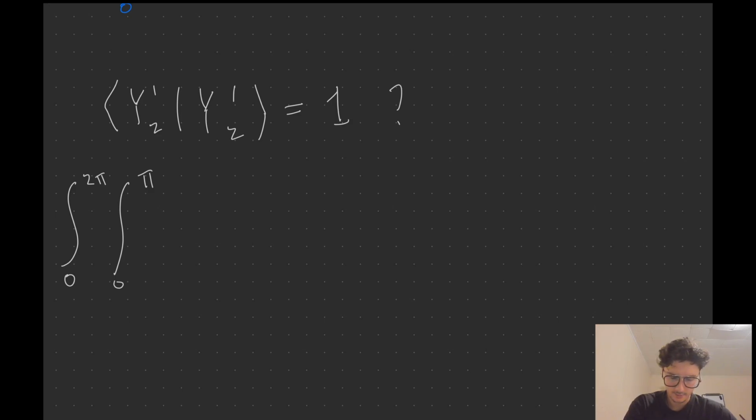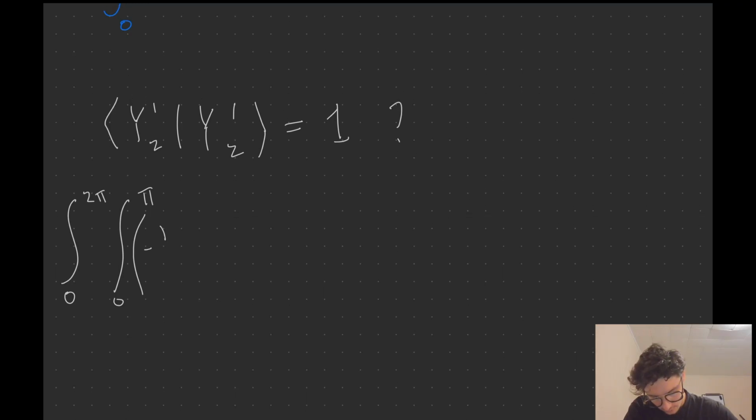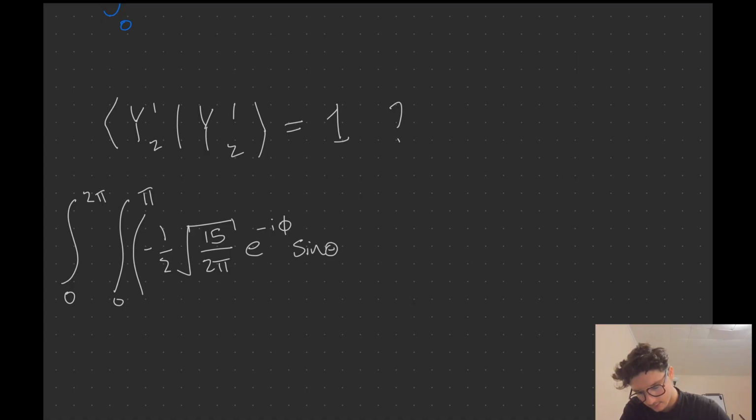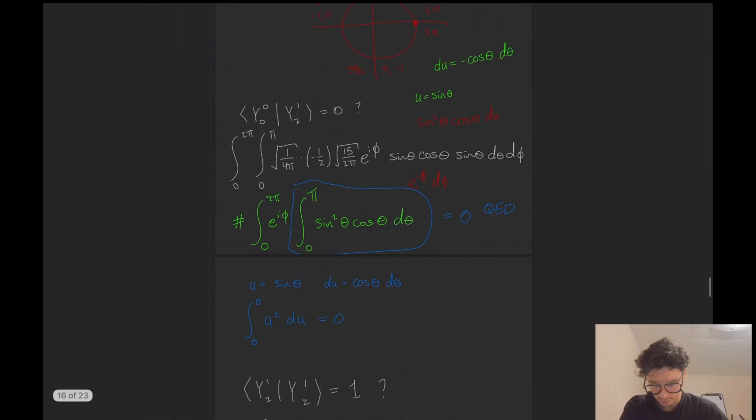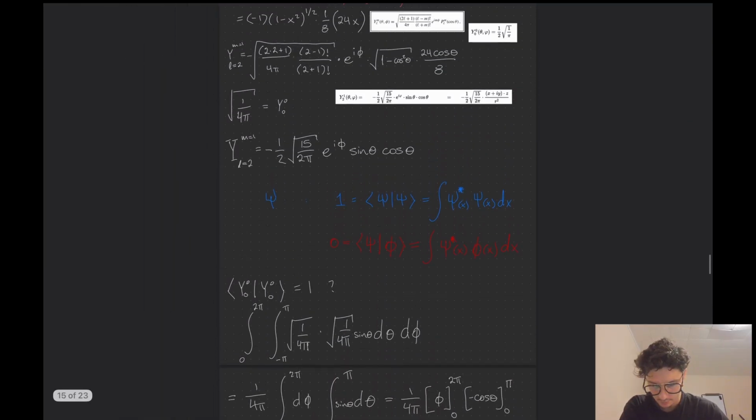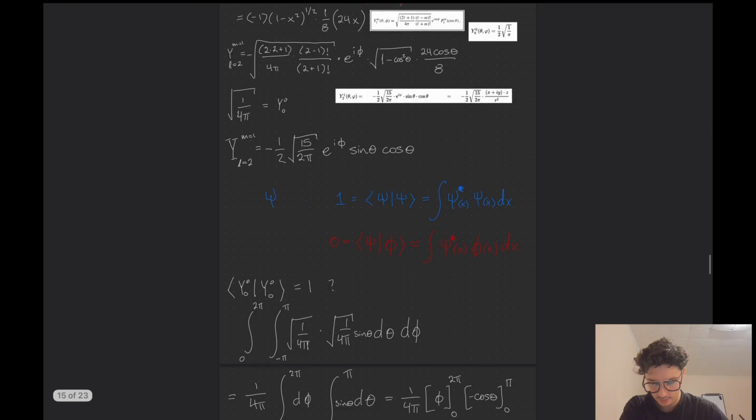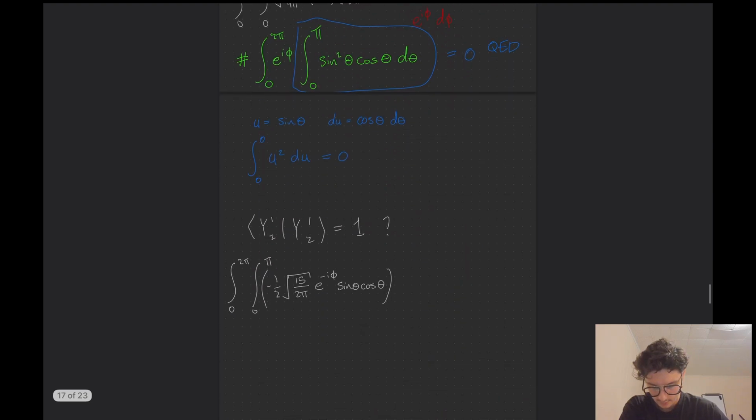What do we have here? We had the first one, which is the complex conjugate, minus 1 over 2 square root 15 over 2 pi, I believe, e to the minus i phi. Here we have sine theta, cosine theta, and that's it. Is that true?